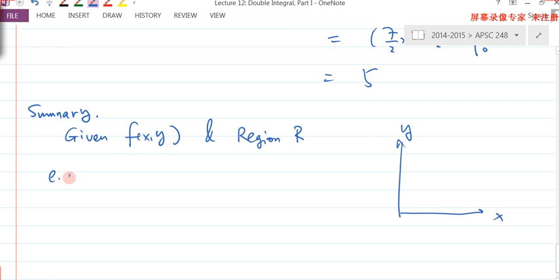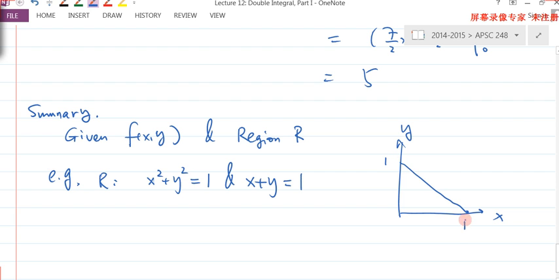So for example, this region R maybe is this: x squared plus y squared equal to 1, and x plus y equal to 1. Region R is bounded by two curves. The first curve is a circle, and the second curve is a straight line, x plus y equal to 1, a line like this.